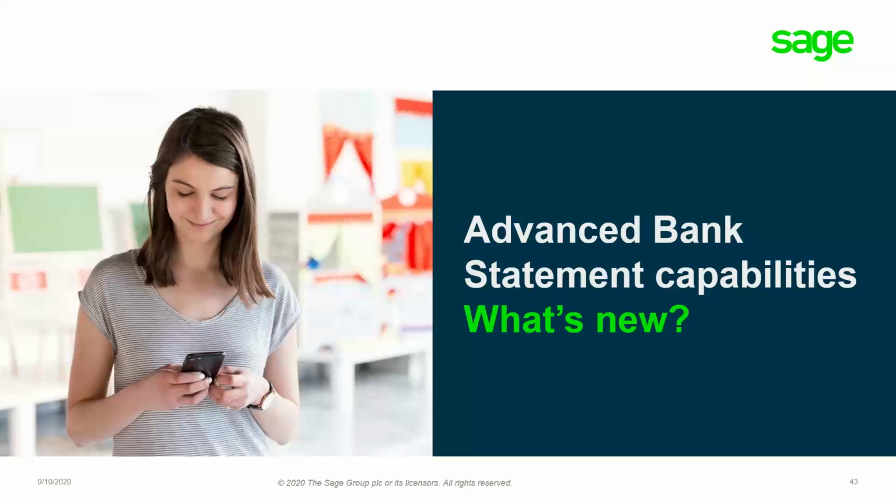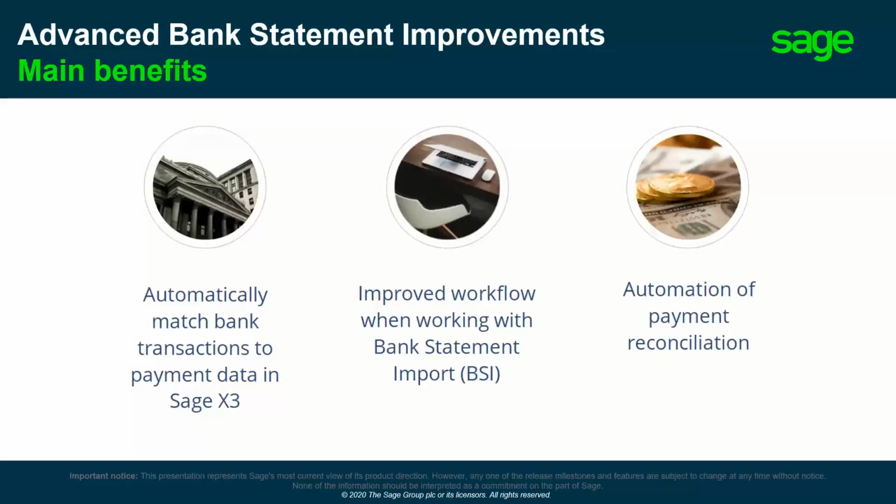we are now stepping into the advanced bank statement capabilities, which is an integration capability in X3. What does it mean? Maybe in this region you are not really familiar with this feature, which has become a very powerful feature. Advanced bank statement allows accountants to import bank statements downloaded from their bank website into X3.